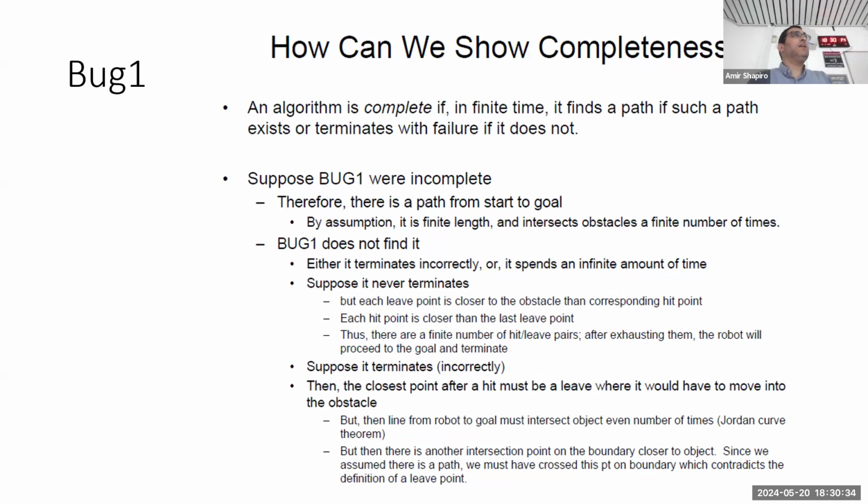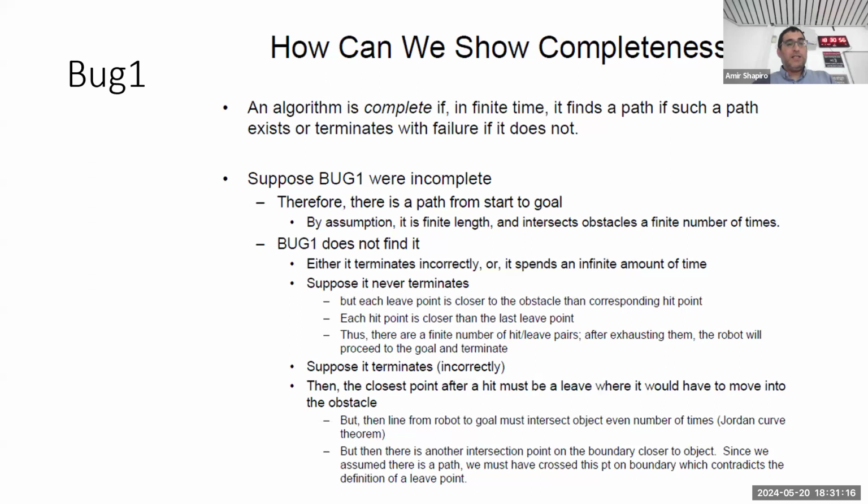And it will not be infinite because there are finite obstacles and a finite number of hit and leave points. Each leave point is closer than the last hit point. Thus, there are a finite number of hit-leave pairs. After exhausting them, the robot will proceed to the goal and terminate. Because it's a finite number, it will reach the target and not look for a solution for infinite time.